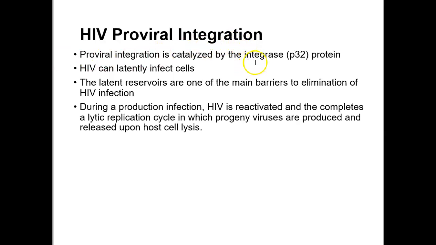So this is the most important step. A lot of people focus on reverse transcription, which is cool and is important and is unique, and kind of blew away the idea of the central dogma, right, that you can make DNA from RNA. So reverse transcription is cool, but without integration, we wouldn't have our retrovirus.